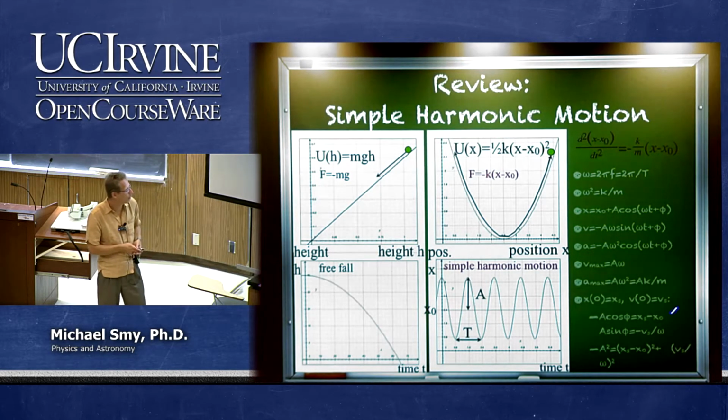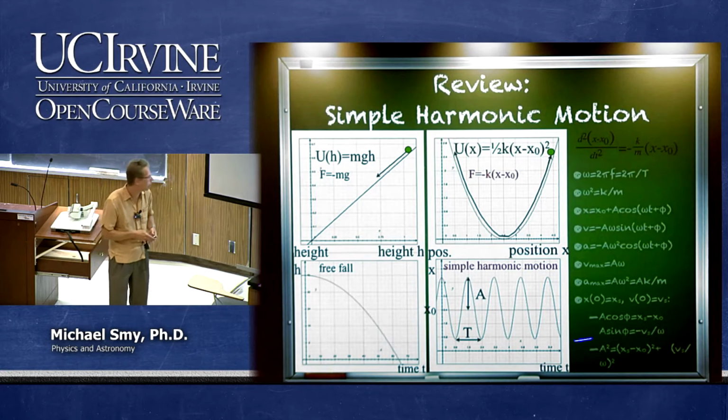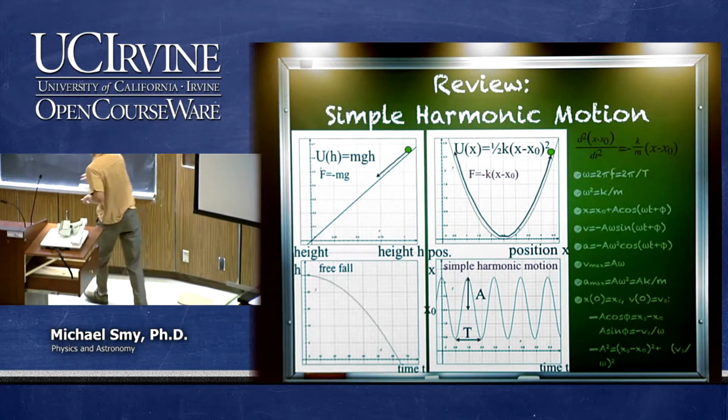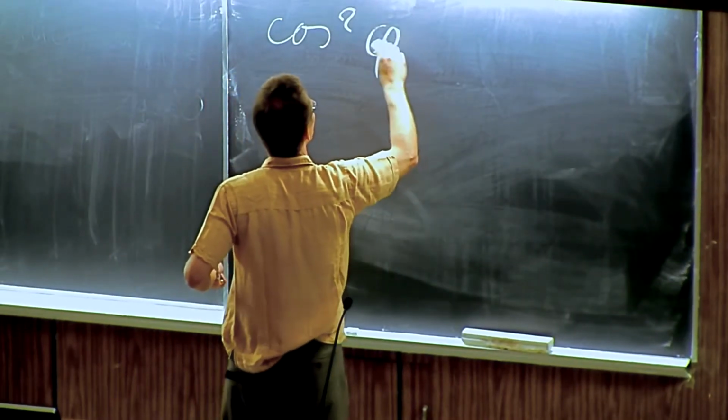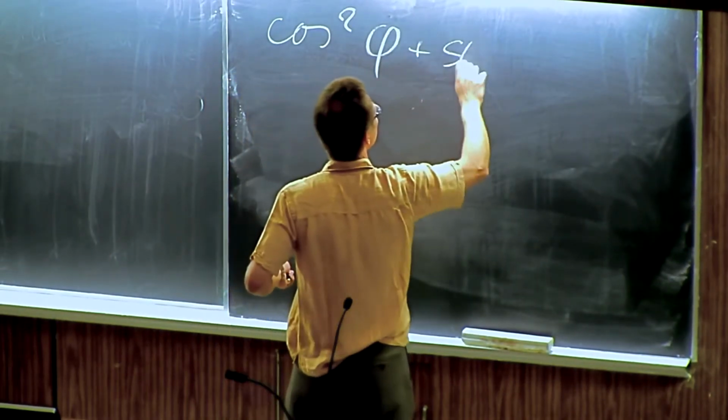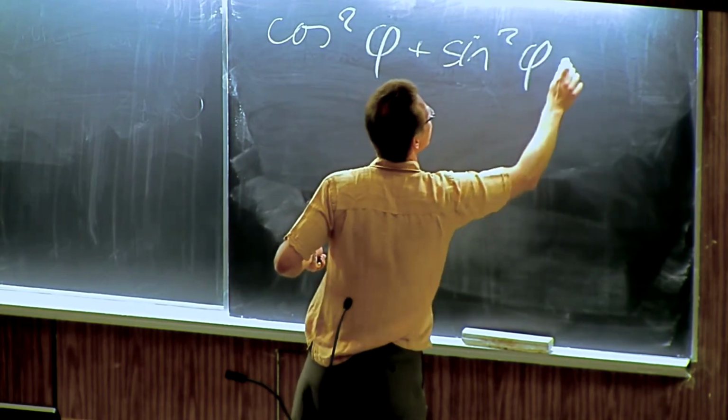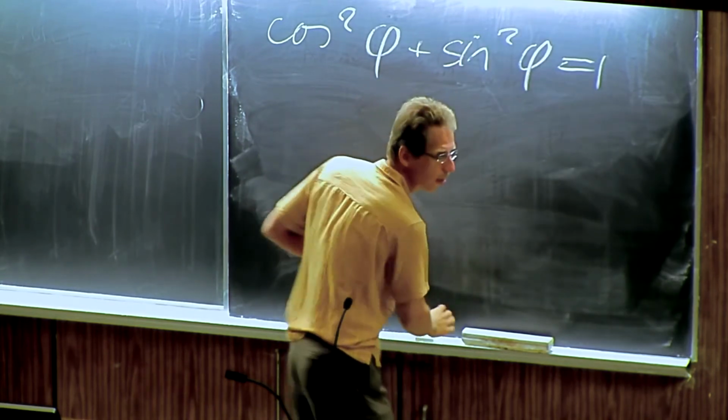And to do that, one uses a little trick. One exploits that cosine squared phi plus sine squared phi equals 1.